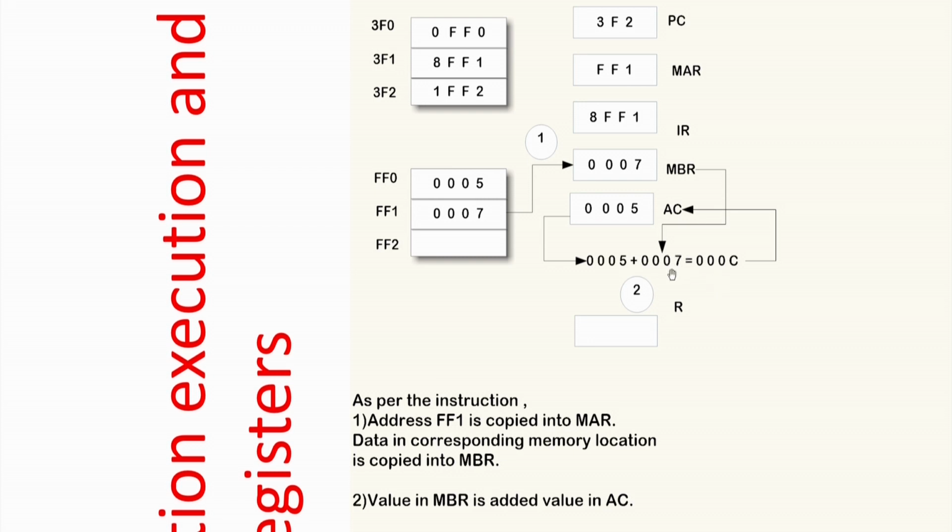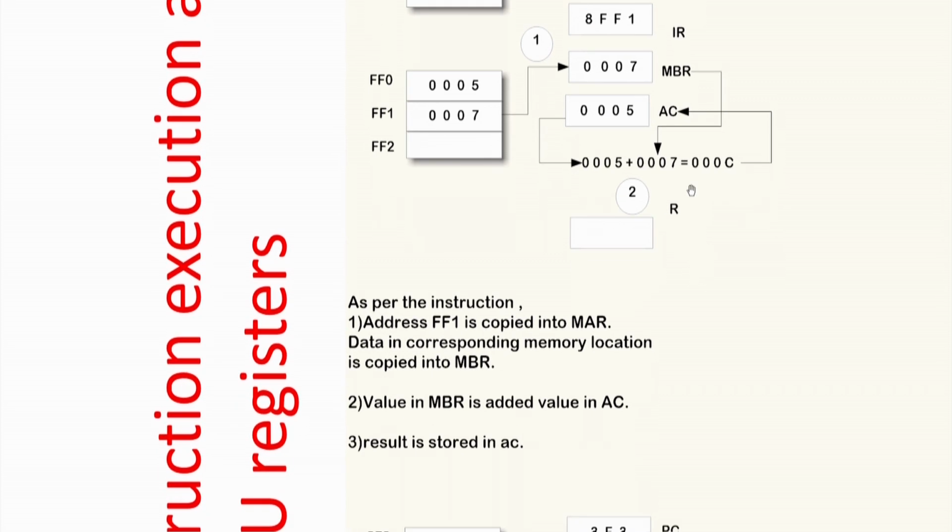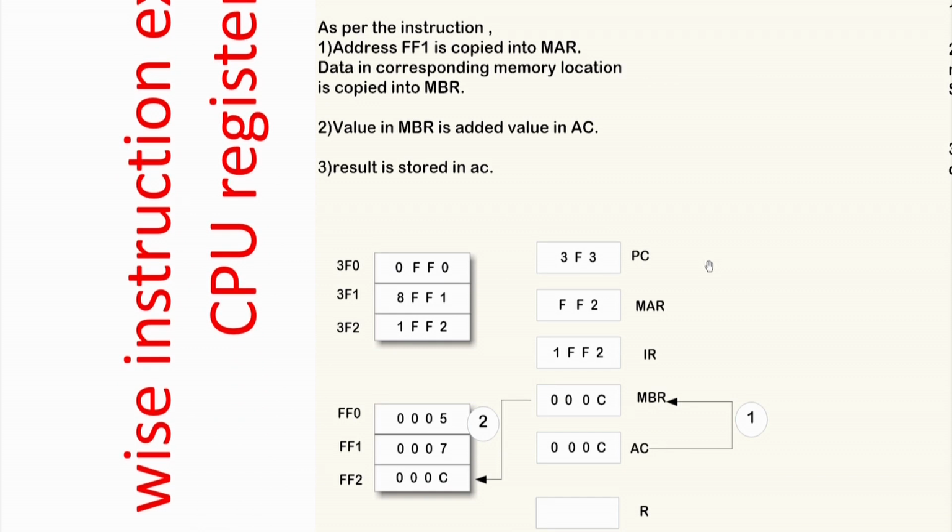You add these two values, 7 plus 5 is 12, that is C, and it is stored back to the accumulator. This is the job done by the second instruction. And finally, next you have to store. The program counter has gone to the third instruction, it is getting loaded with FF2 to the instruction register. It tells that whatever is the value of the accumulator, because 1 means store, goes to FF2.